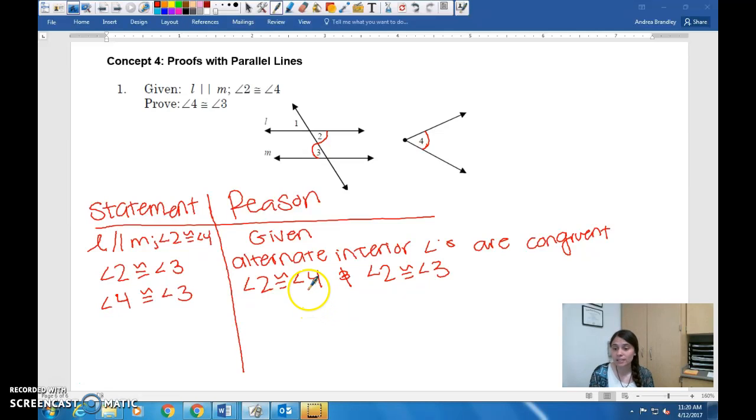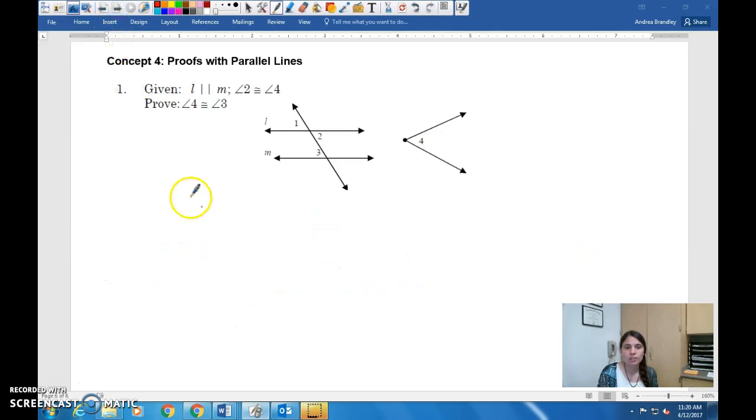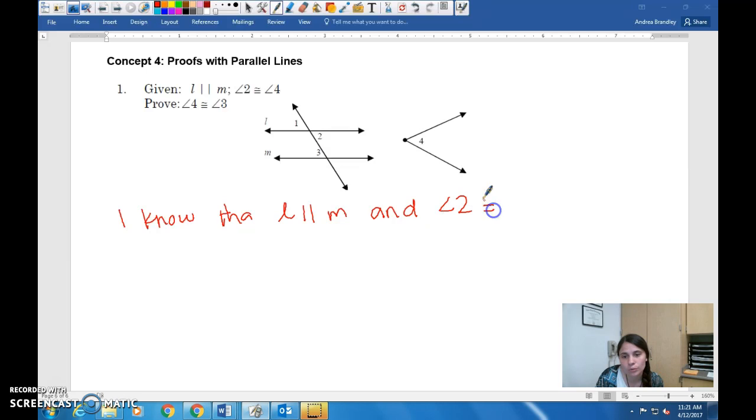Other people, I think it's easier for them to just explain it. So I call the next type of proof a paragraph proof. So I'm going to start by saying, okay, I know that L is parallel to M and angle 2 is congruent to angle 4.